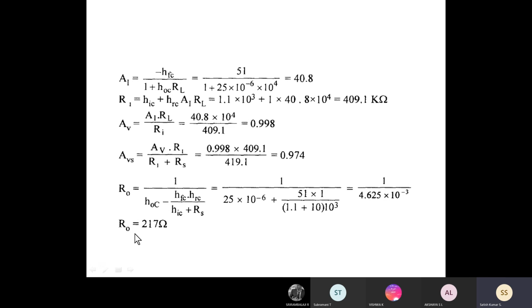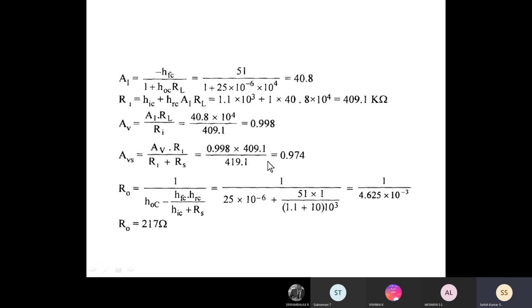Finally, we have to calculate R naught, because Ri is already calculated. The formula for R naught in the common collector is 1 divided by H naught minus HF HRE divided by HI plus RS. All H values are given and the source resistance is also given.